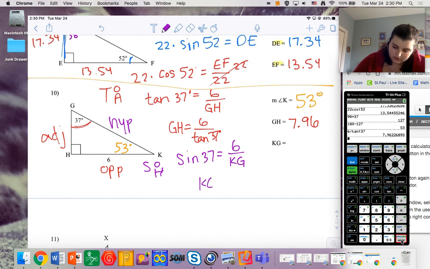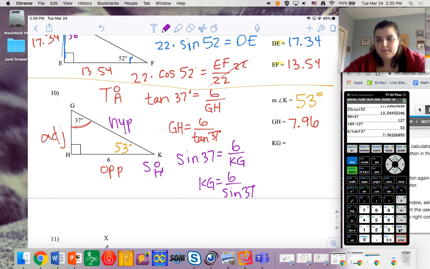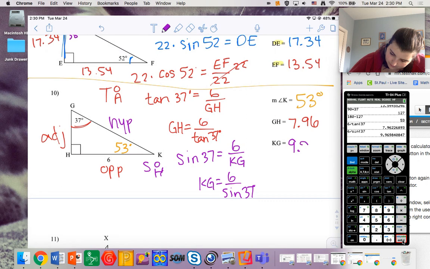So KG is equal to 6 over sine 37 degrees. Typing in my calculator, 9.97. There's a bunch of ways to do this, by the way. If you choose to do something else, you are not wrong if you get the same answers.